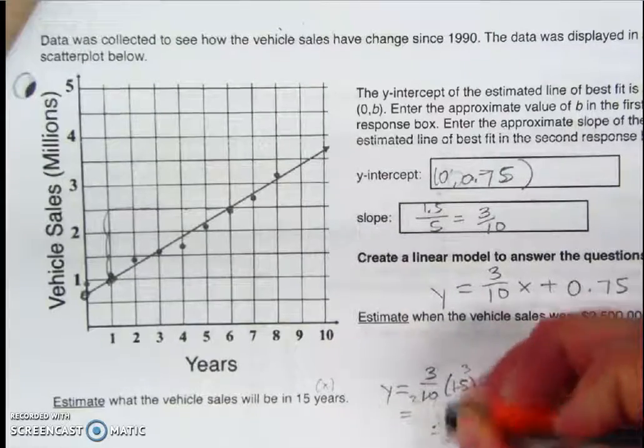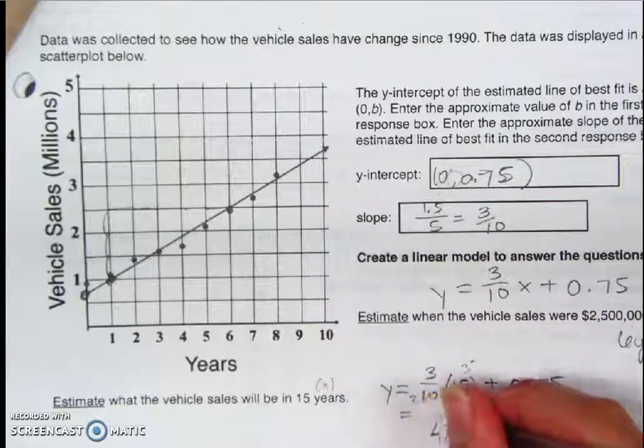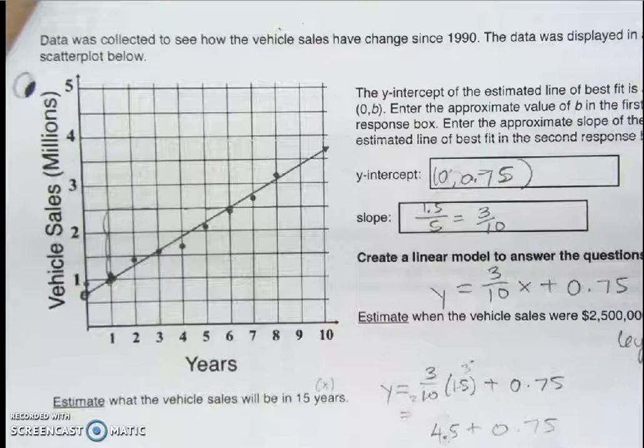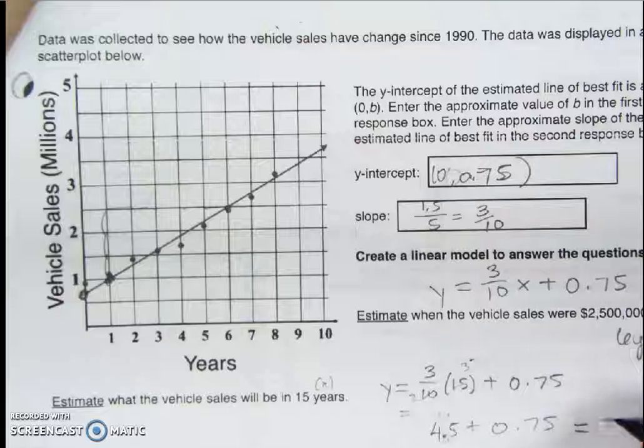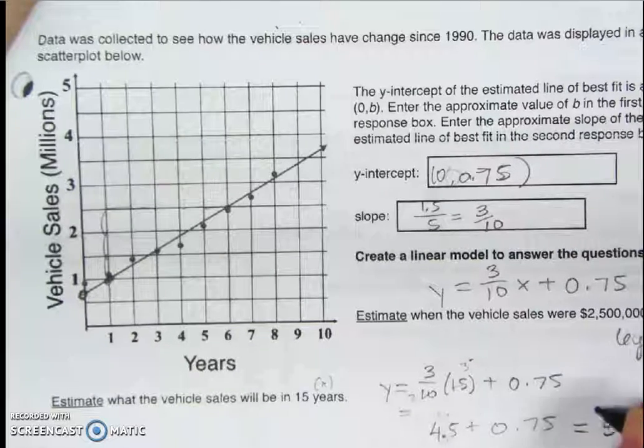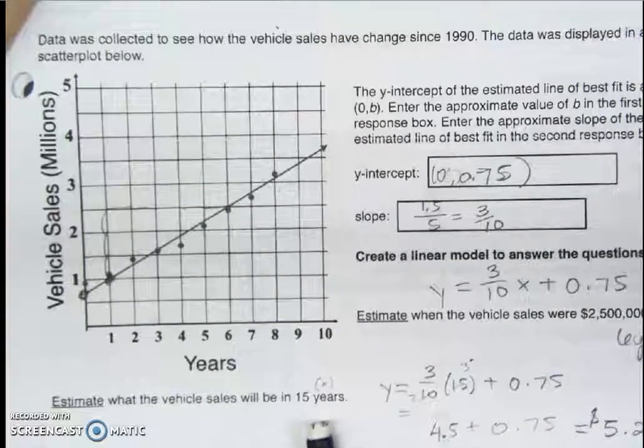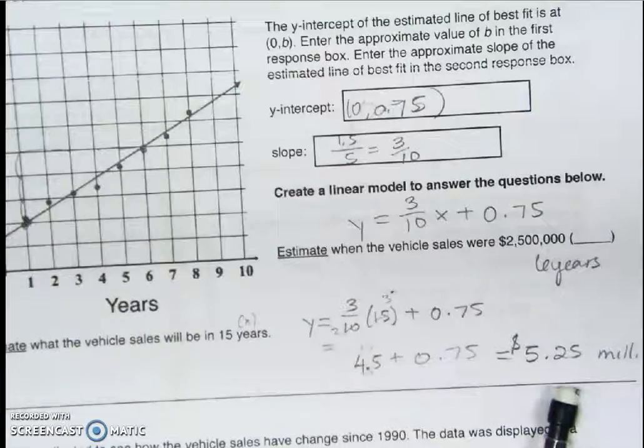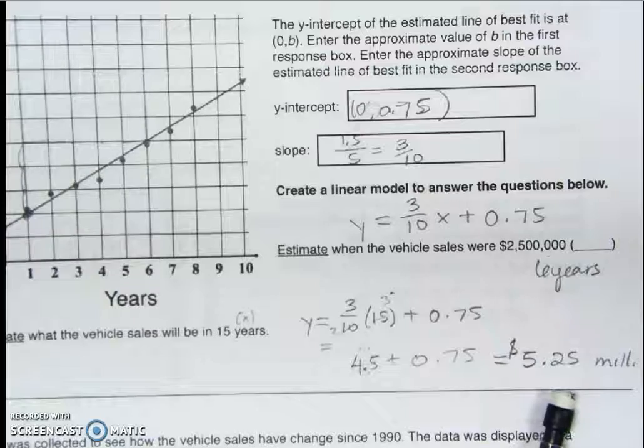So that'd be 4.5. And remember, you could always use your calculator for that. 4.5 plus 0.75 is 5.25, and that would be $1 million in sales. So after 15 years, we would expect $5.25 million worth of sales.